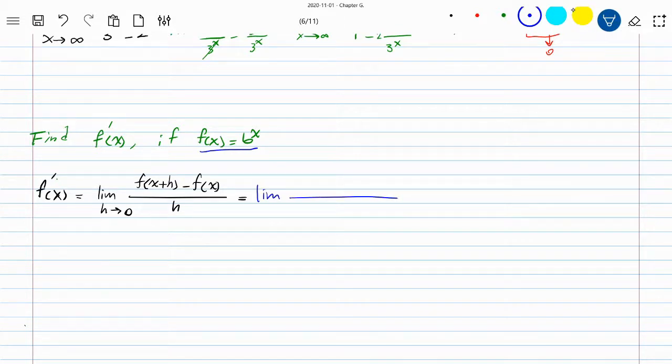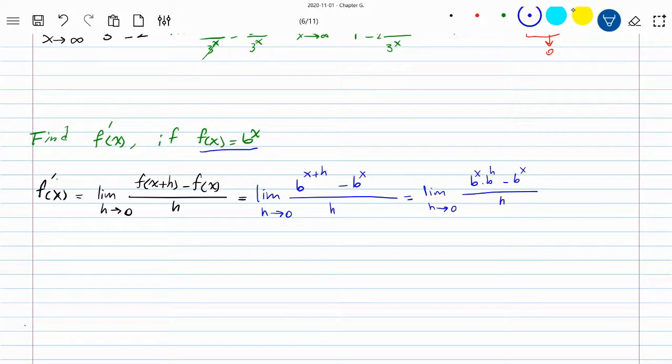If the function is given as b to the power x, then the quotient would be f of x plus h, which is b to the power x plus h, minus f of x, which is b to the power x, divided by h, as h approaches 0. And now I can rewrite b to the power x plus h as b to the power x times b to the power h, by one of those properties that we had for the exponentials.